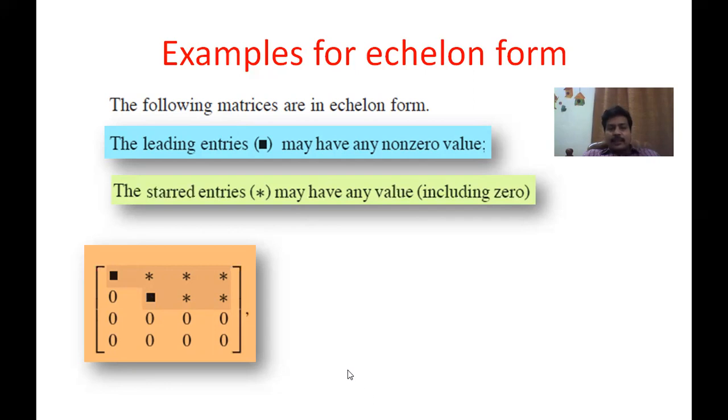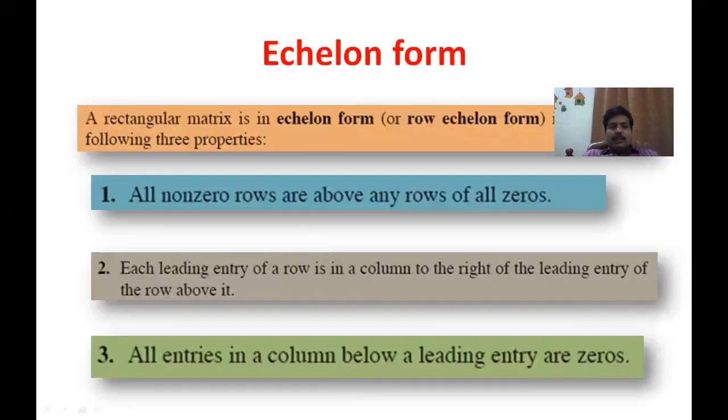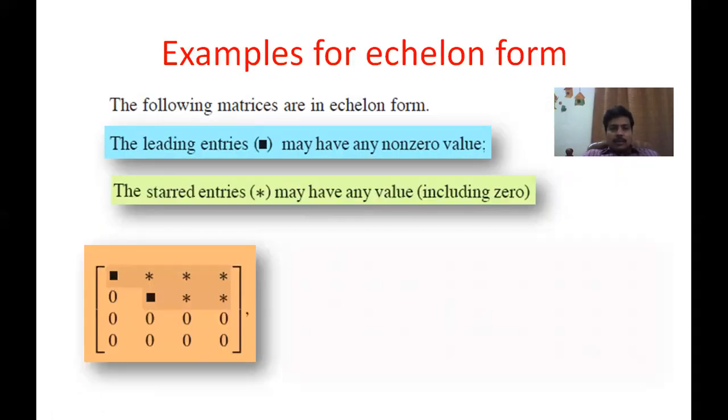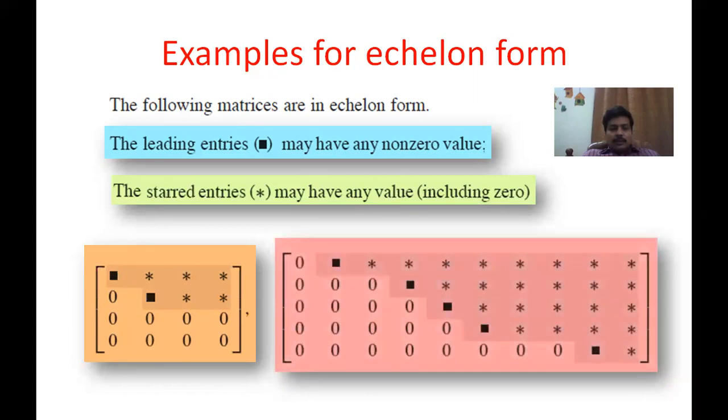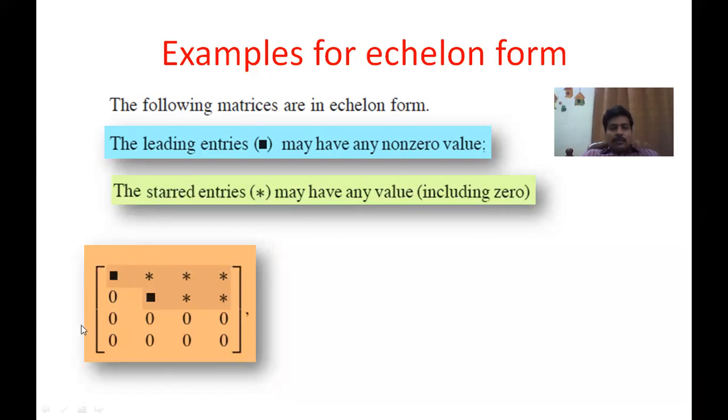So that is the second condition. Now the third condition is all entries in a column below a leading entry are zeros. Here you can observe that all the entries below this leading entry are zeros. Similarly, all the entries below this leading entry are zeros.